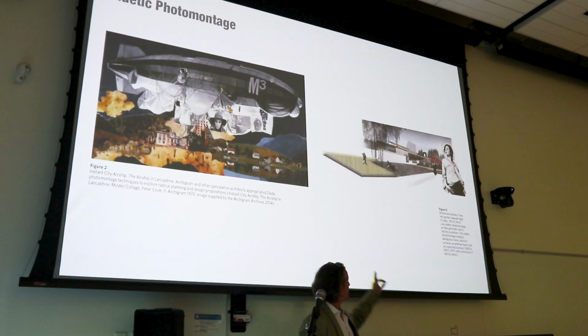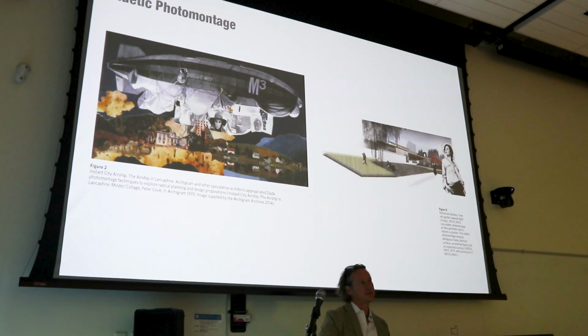So like this is one on the left. They call it the airship, and it would be like bringing architecture to a city and just dropping architecture in. And so they used photomontage as a technique, drawing from the work of the Dada artists.